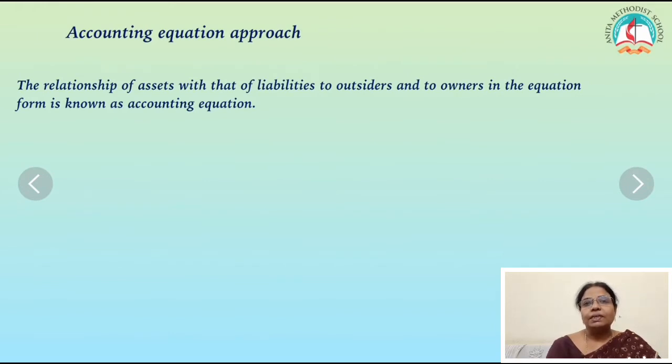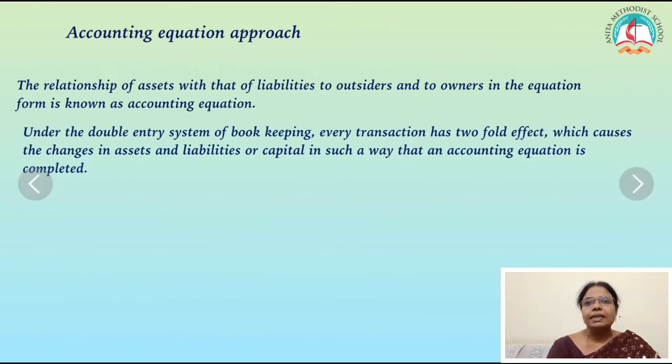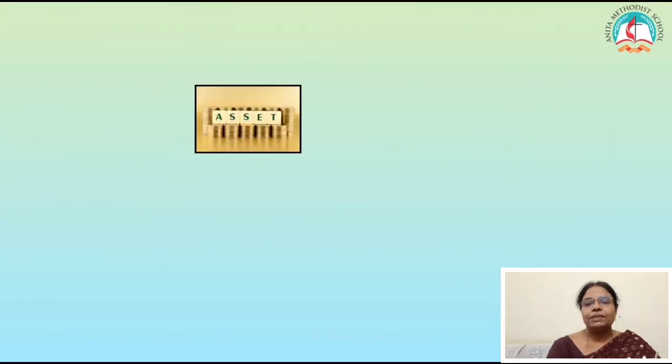Under the double entry system of bookkeeping, every transaction has twofold effects, which cause the change in assets and liabilities or capital in such a way that an accounting equation is completed. So capital plus liabilities is equal to assets. So this is the accounting equation approach.